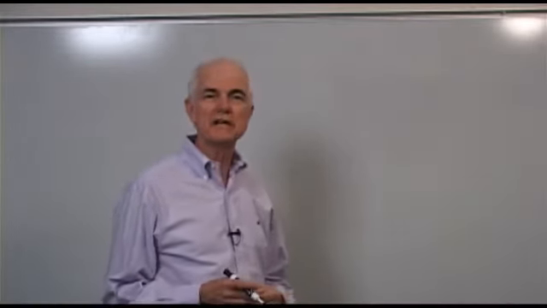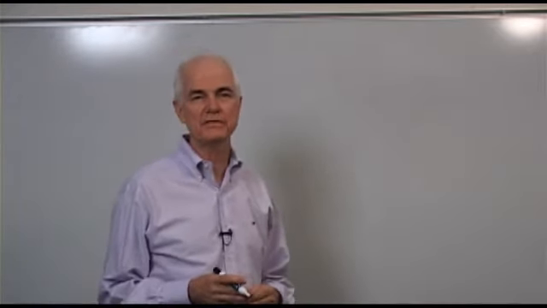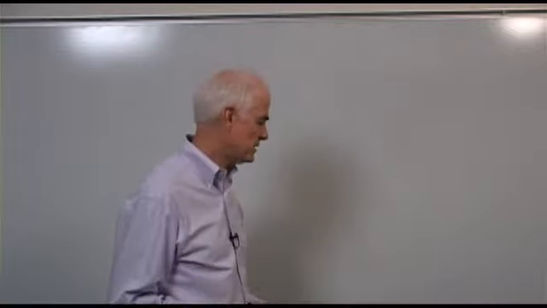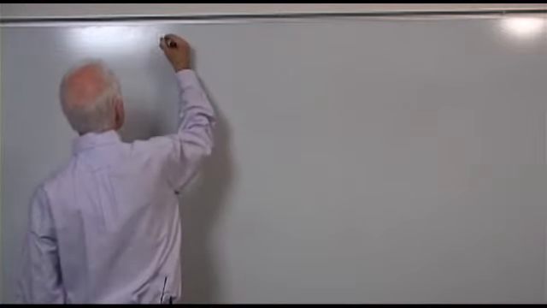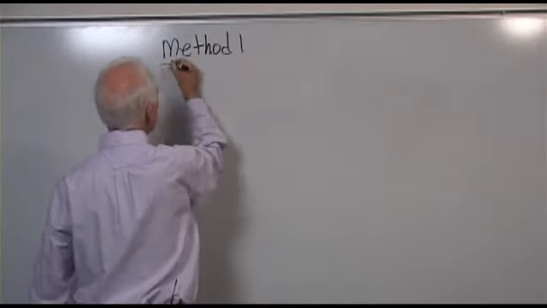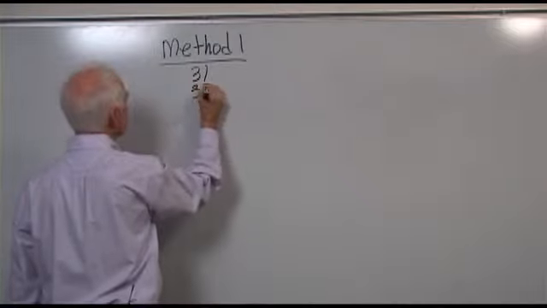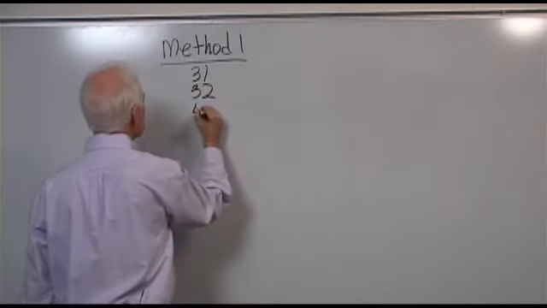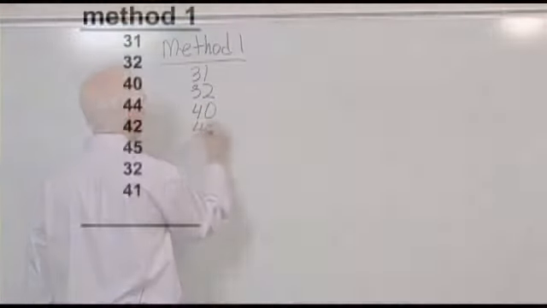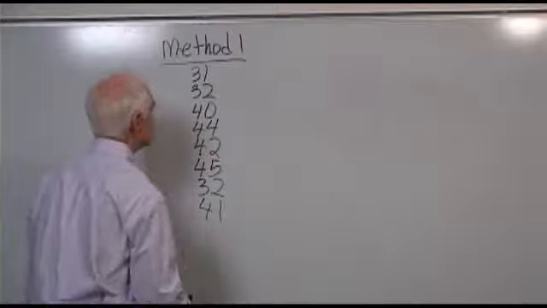And we're going to study 8 assembly times under method 1 and 9 assembly times under method 2, using different workers. So here's the result of the study. Under method 1, we had the following times: 31 minutes, 32 minutes, 40 minutes, 44 minutes, 42 minutes, and 41 minutes.